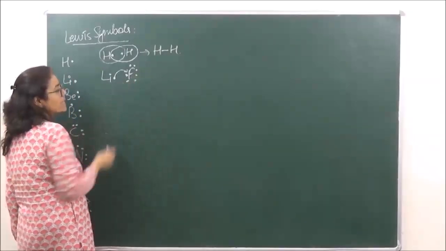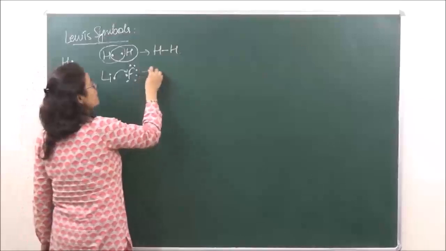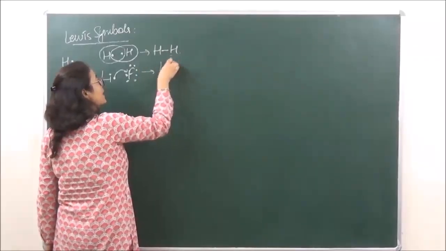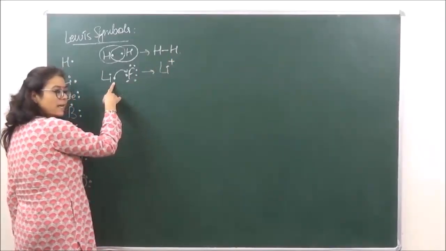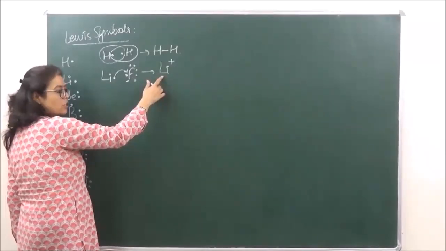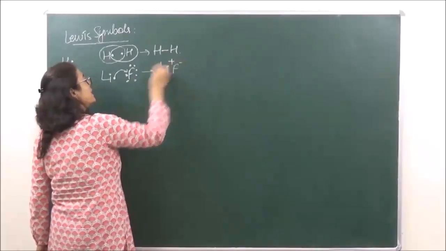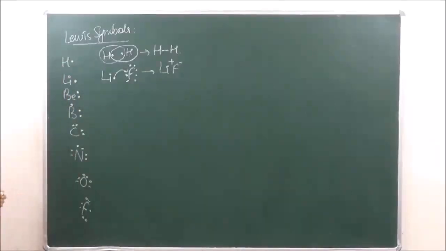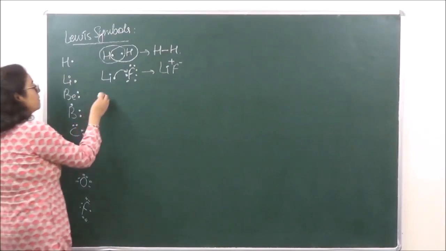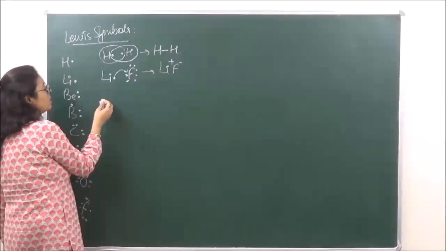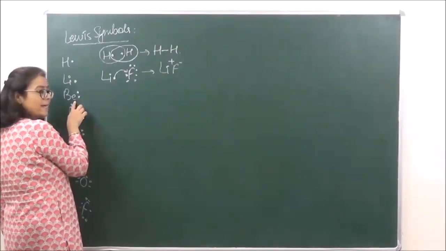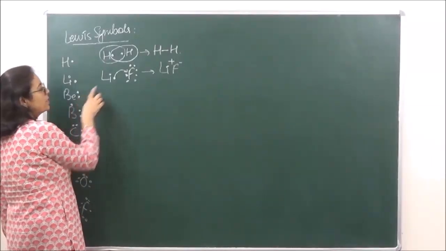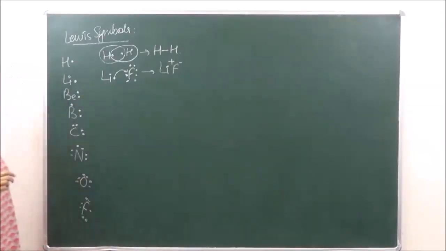Okay, and fluorine has 7 electrons in the outermost shell. So the atom which is losing the electron gets a positive charge, and the atom which is gaining the electron will get a negative charge. Okay? Similarly, if we are forming BeF2, Be has 2 electrons over here, it will forego its 2 electrons to 2 respective fluorines. Okay? समझ आ गया?